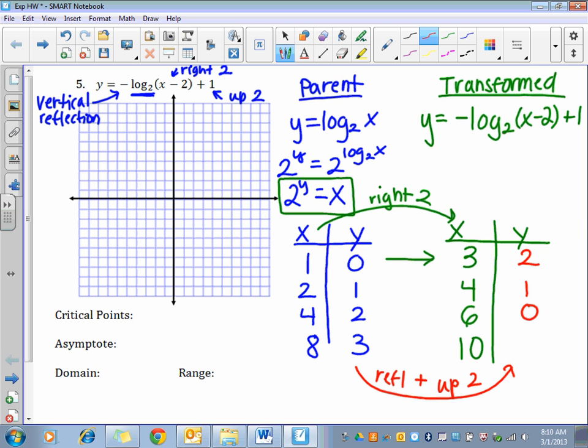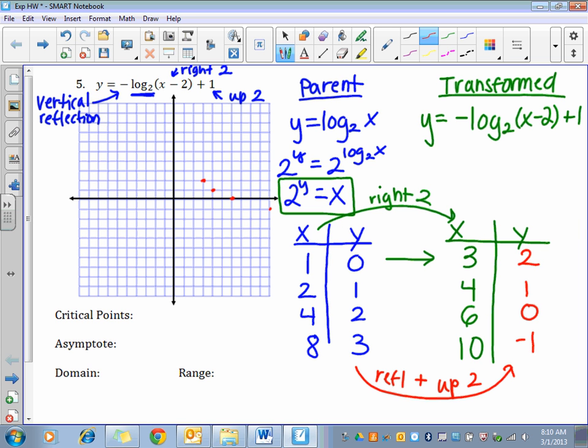It's reflected, so it's negative 3 plus 1, which is negative 2. Now I have 4 coordinates for my graph that I can plot. So I'll plot each of them. 3, 1, 4, 0, 6, negative 1, count that out. And 10, negative 2.